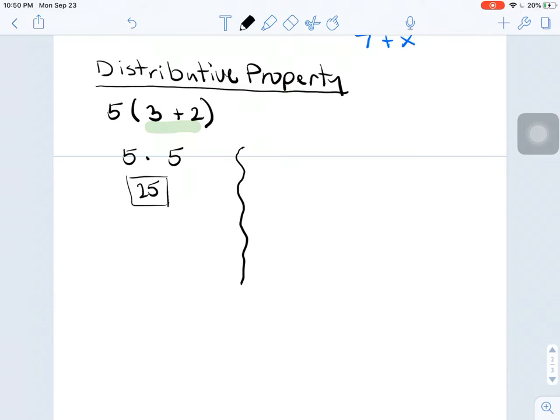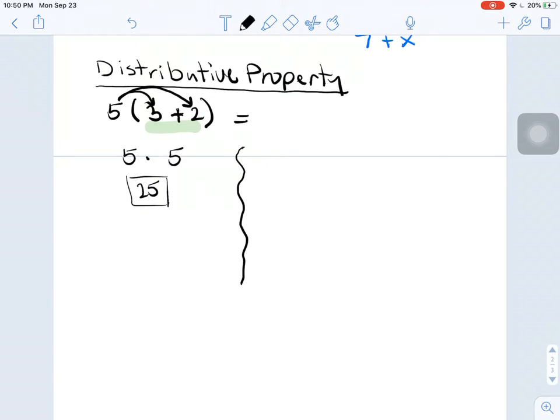rearrange this problem. Distributive property says that if I am adding or subtracting in parentheses and then multiplying the answer, rather than adding or subtracting first and multiplying second, I can multiply each individual piece. So that's where the name distributive property comes from, because we're distributing, or sharing, the multiplication across everything in the parentheses.